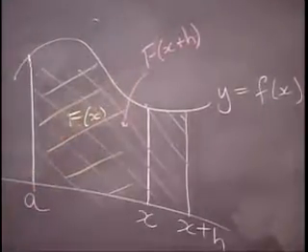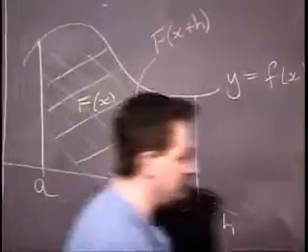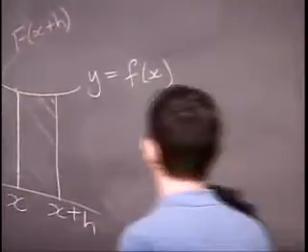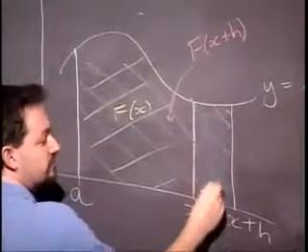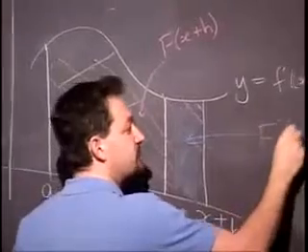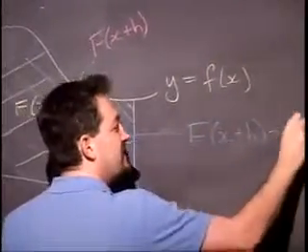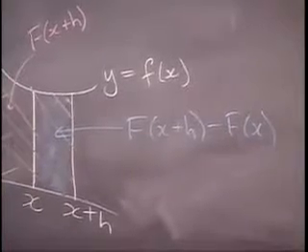So that's the numerator of that fraction. So actually, the difference turns out to be this area here, just a fairly thin strip. So that blue area is F of x plus h minus F of x, which is the numerator of that fraction.